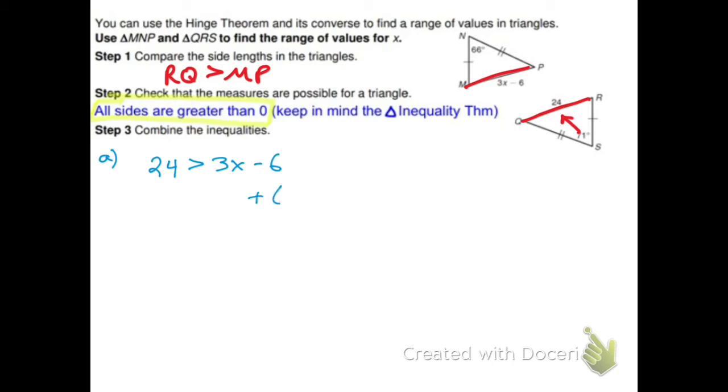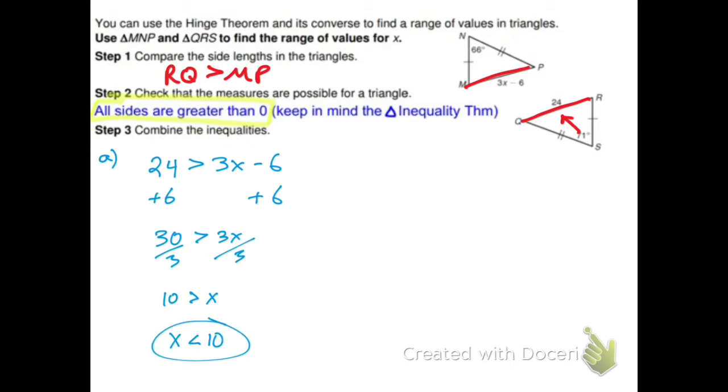So I'm going to add 6 to both sides. That gives me 30 is greater than 3x. Now I'm going to divide by 3, and I get, whenever you do inequalities, always read it in terms of x first. So this would read that x is less than 10, or I could write it like this: x is less than 10.